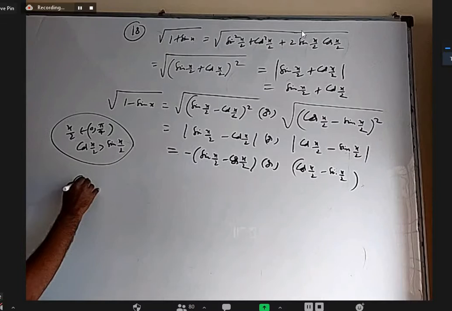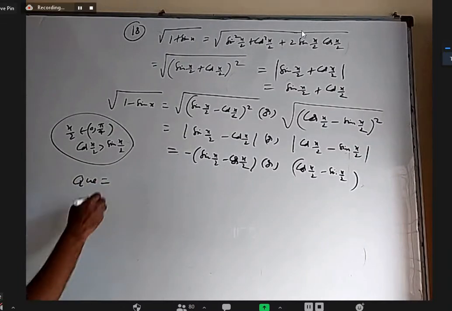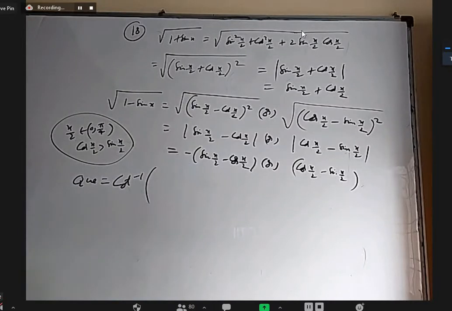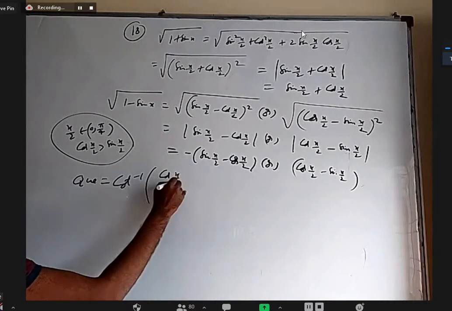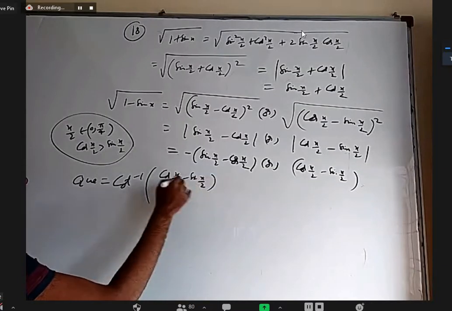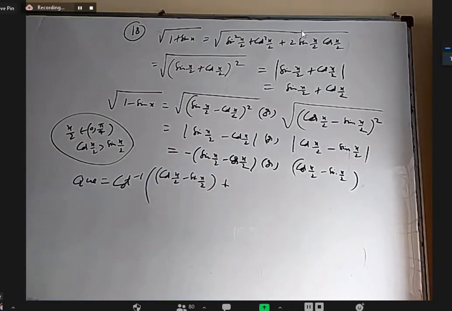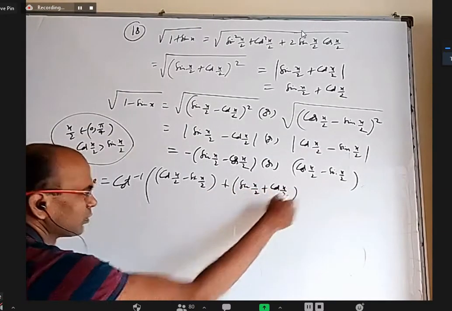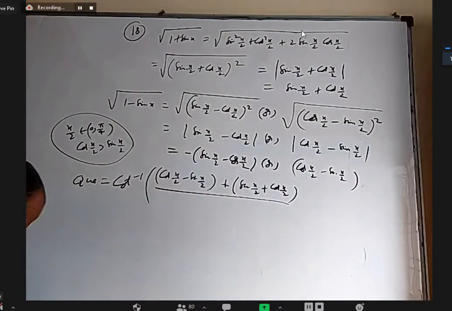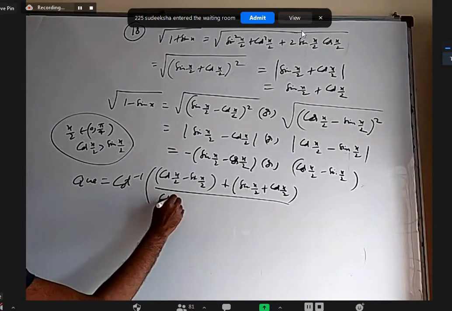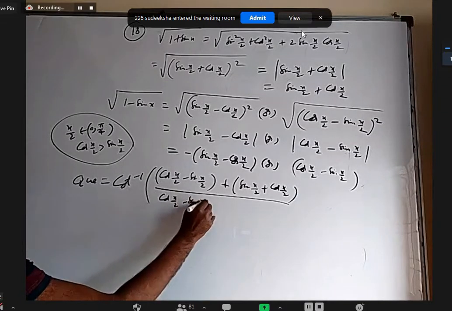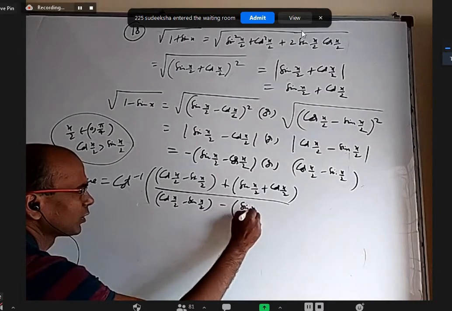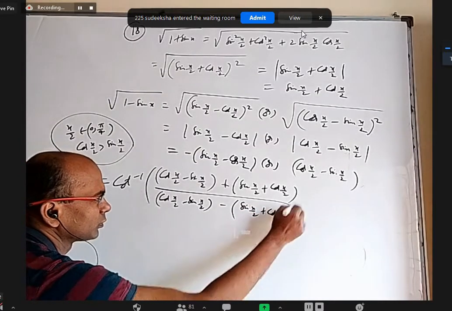So now coming to the question, cot inverse, I don't want to write that big thing. What is root 1 minus sin x? Here, cos x by 2 minus sin x by 2. What is root 1 plus sin x? Sin x by 2 plus cos x by 2, divided by cos x by 2 minus sin x by 2 minus sin x by 2 plus cos x by 2.